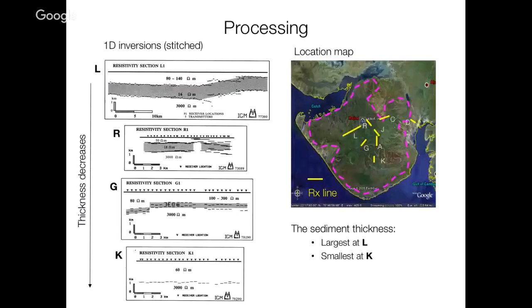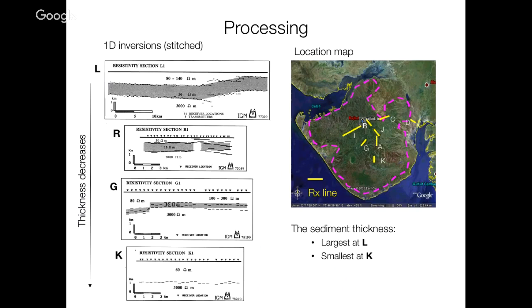So they collected data. I'm just going to briefly mention a couple of things. So this is L here. Remember, they have a whole bunch of these stations. At each station, you could do your own 1D inversion. And when you do that, you ended up with an upper region of basalt here, then sediments, and then basement. So that's the thickness of the sedimentary layer, which was about 1 kilometer.